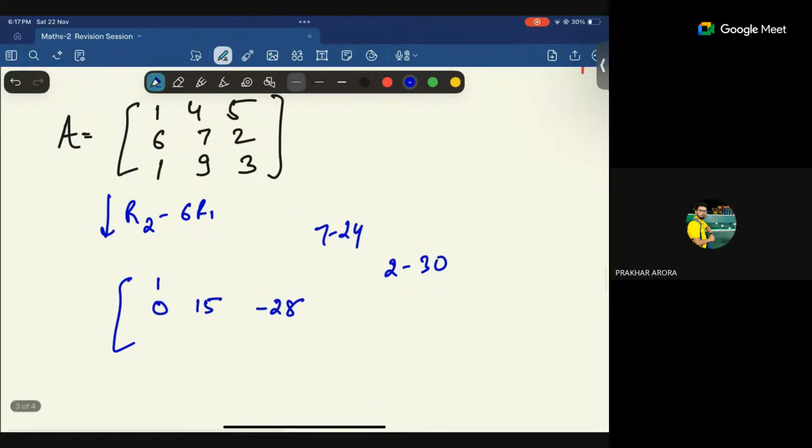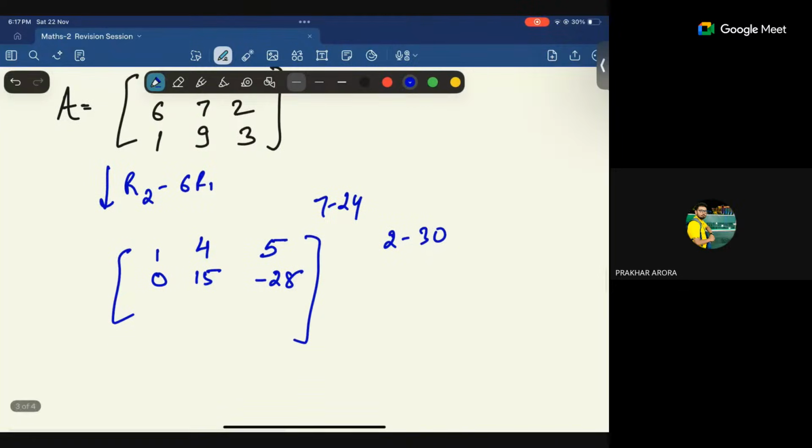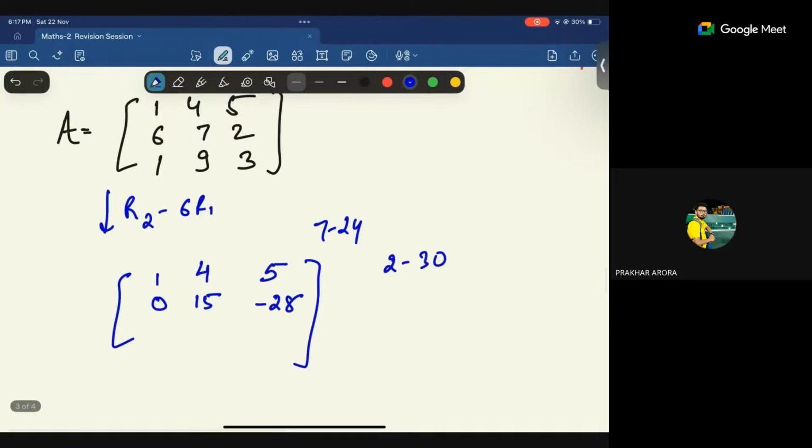Even if I do this RREF wrong, the concept is what you have to learn. Now I'm subtracting R3 minus R1. This is 0, 4 would come here, and this would be 5, and this would be minus 2.